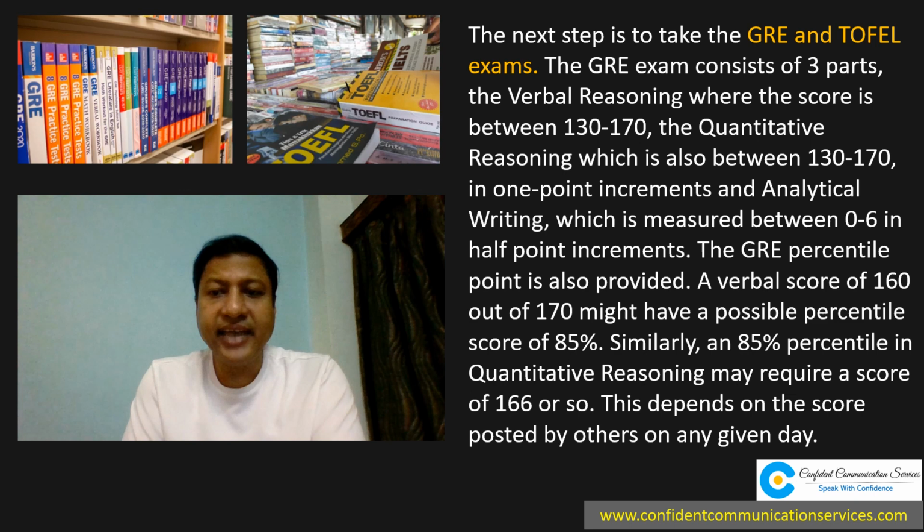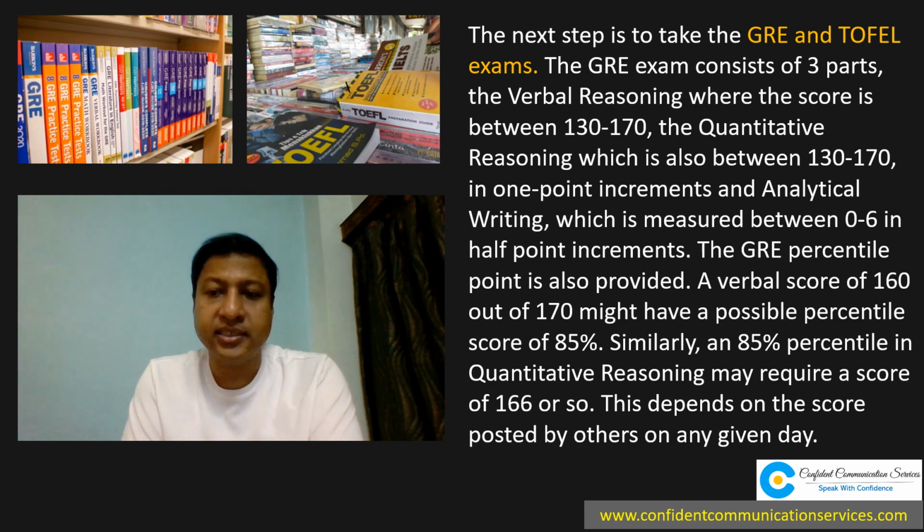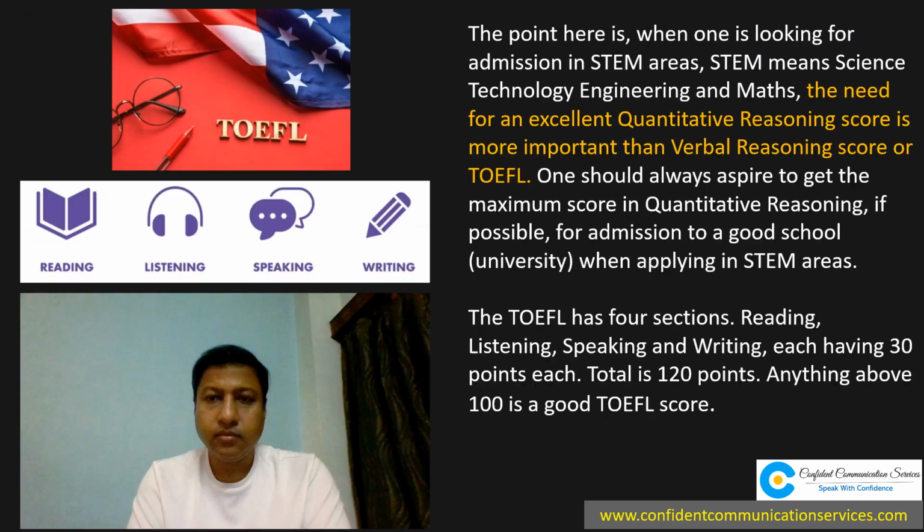The GRE percentile point is also provided. A verbal score of 160 out of 170 might have a possible percentile score of 85%. Similarly, an 85% percentile in quantitative reasoning may require a slightly higher score of 166 or so. This depends on the score posted by others on any given day.